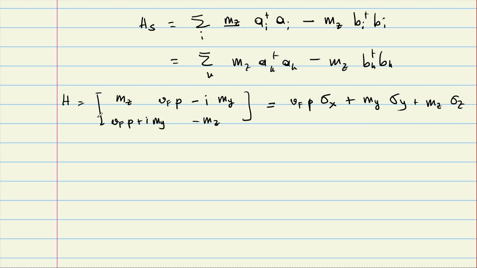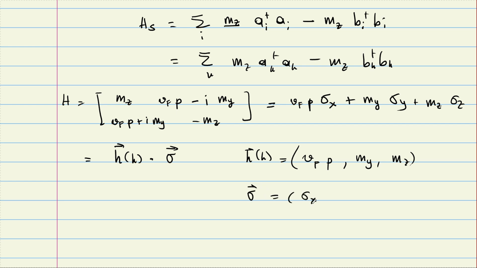And so we generally write this as h of k dotted onto sigma, where h of k in this case is (v_F p, m_y, m_z), and the sigma vector is (sigma x, sigma y, sigma z).